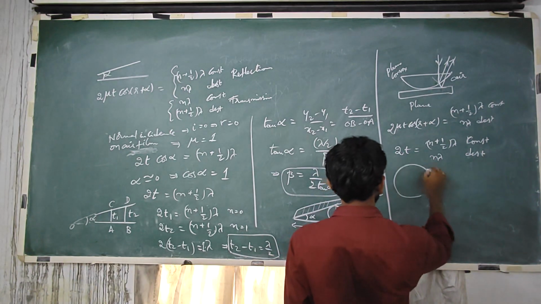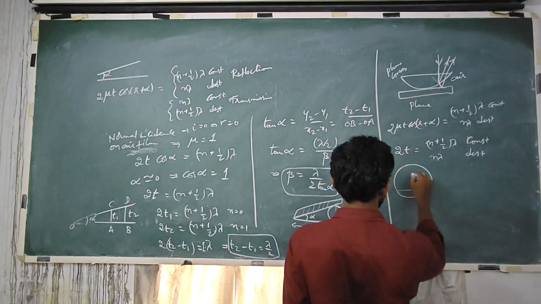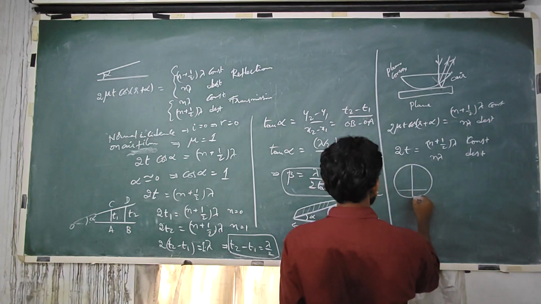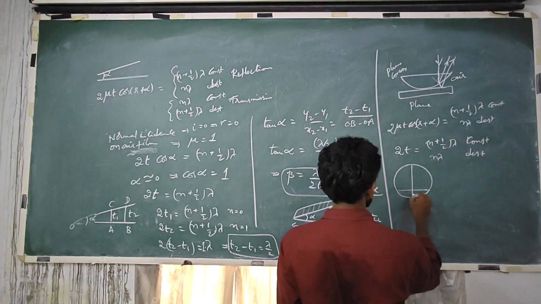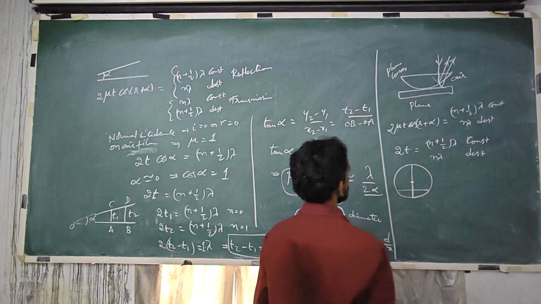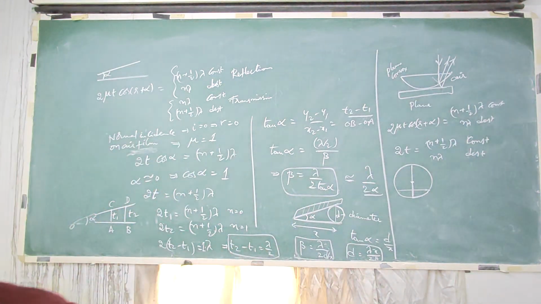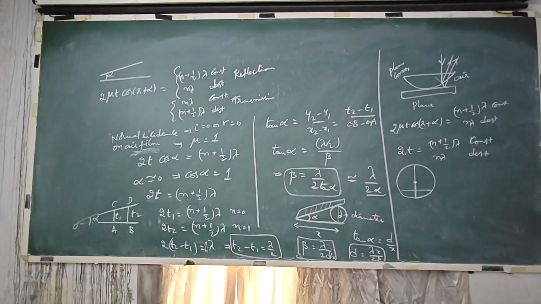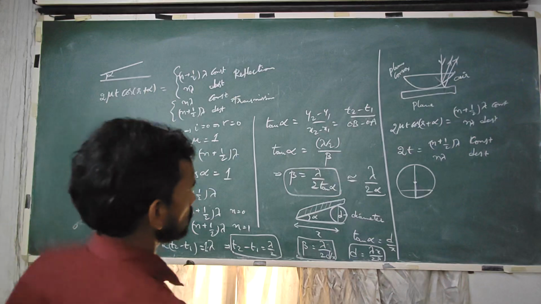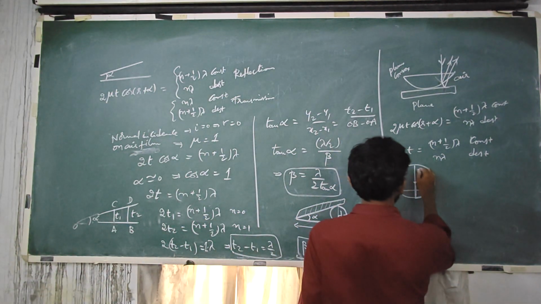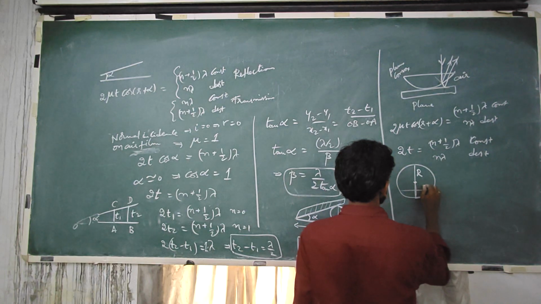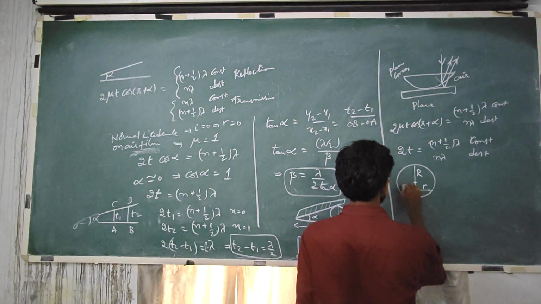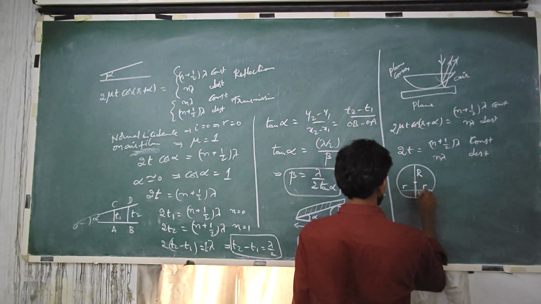complete this circle. So let's say, here we are considering a small geometric construction. So let's say this is R and this is small r and this is t.